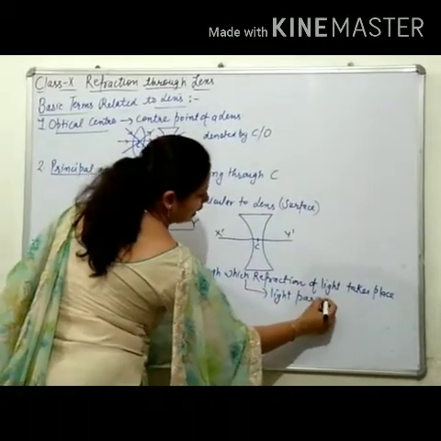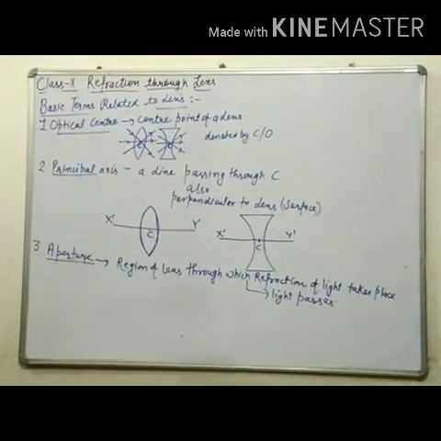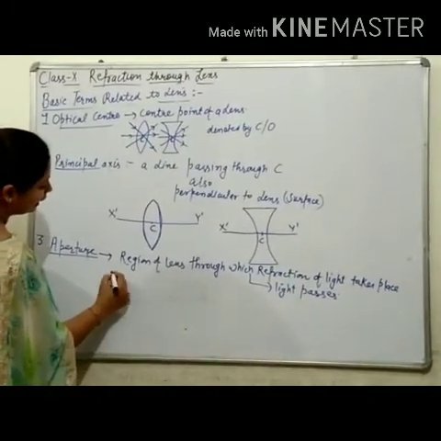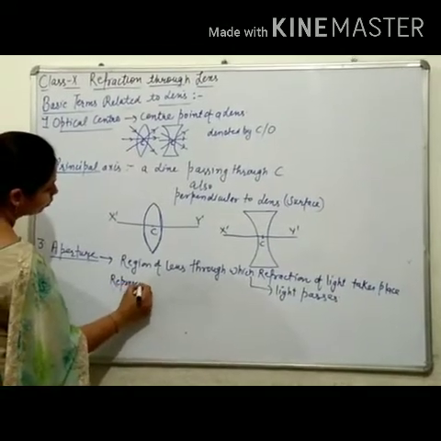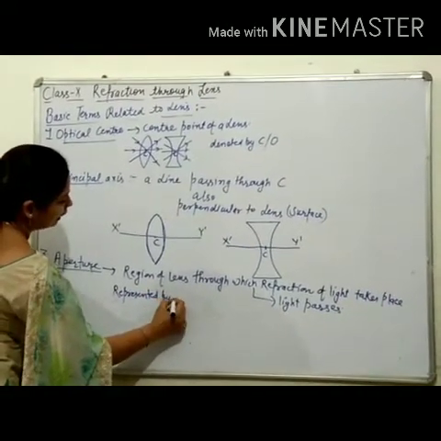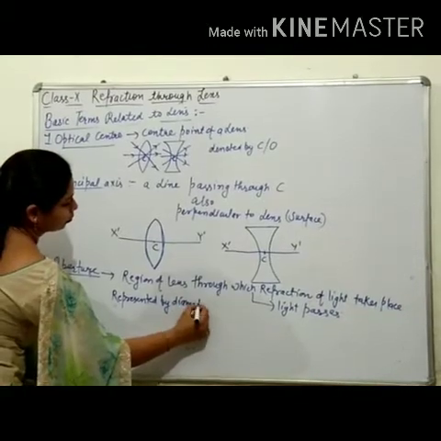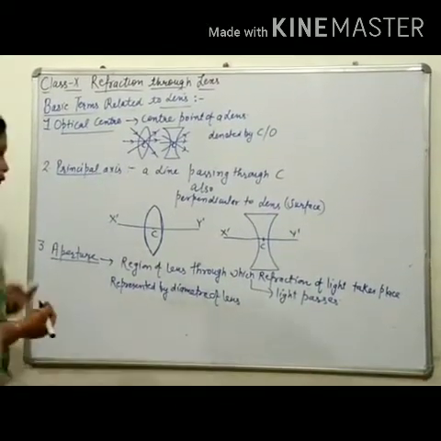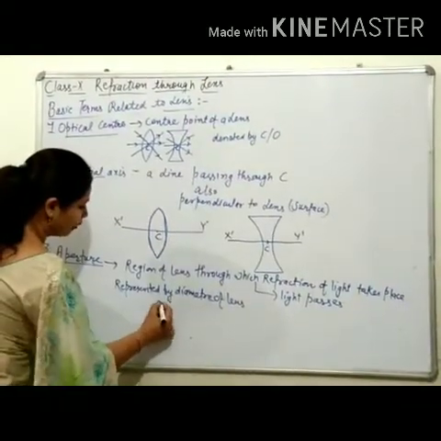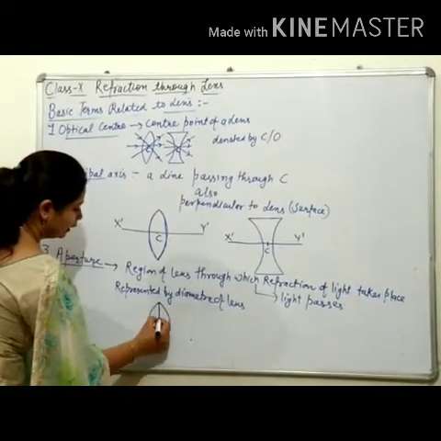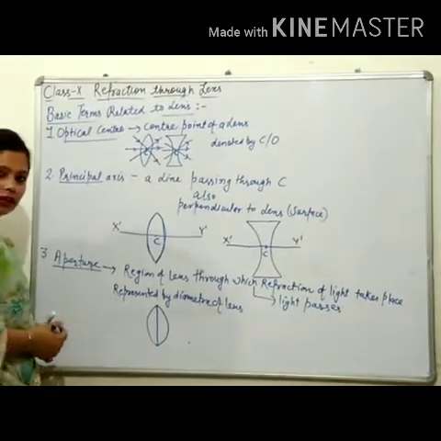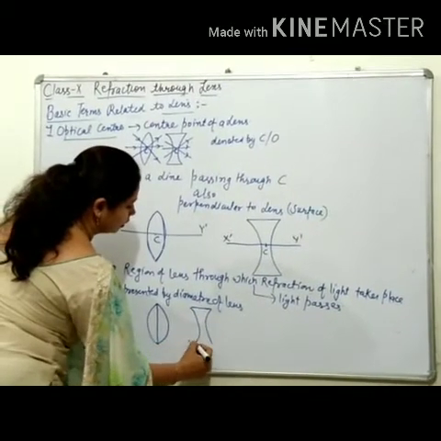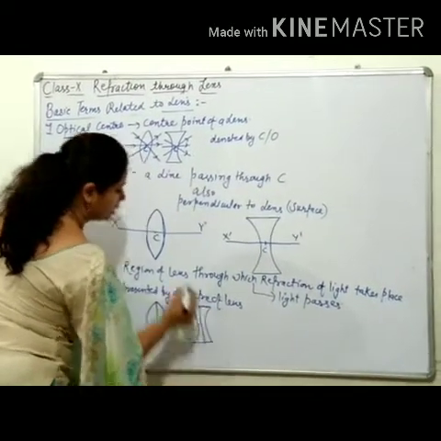The region through which light passes is known as aperture. It is represented by the diameter of the lens. So how can you represent aperture in case of a convex lens? This is the aperture. And for the concave lens, again this is the aperture.